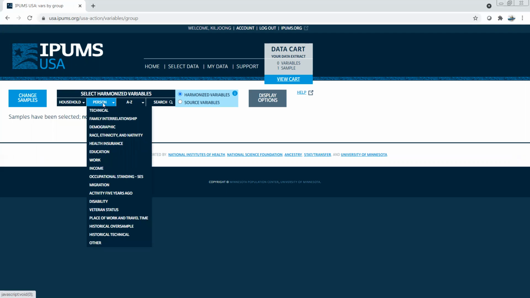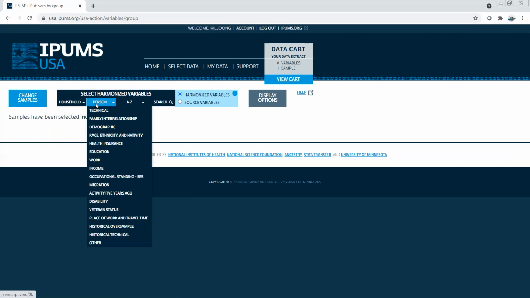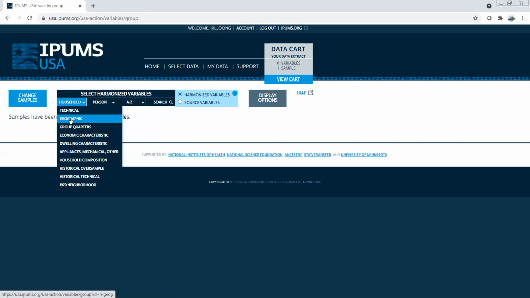So if you think about it, if you're getting person's level data, but would like to have household information, what you have to remember is that if this sample has 3 people from the same household, that household information is repeated 3 times. That's something to remember. So I'll walk you through some of the highlights here.